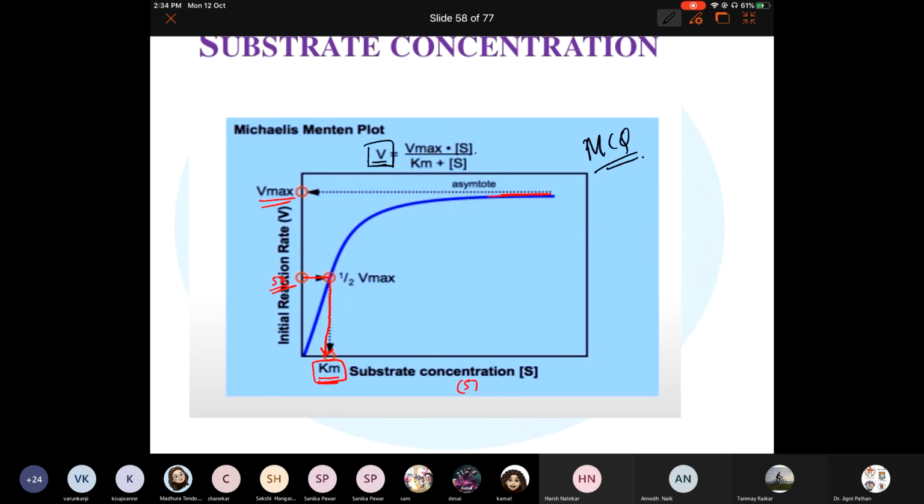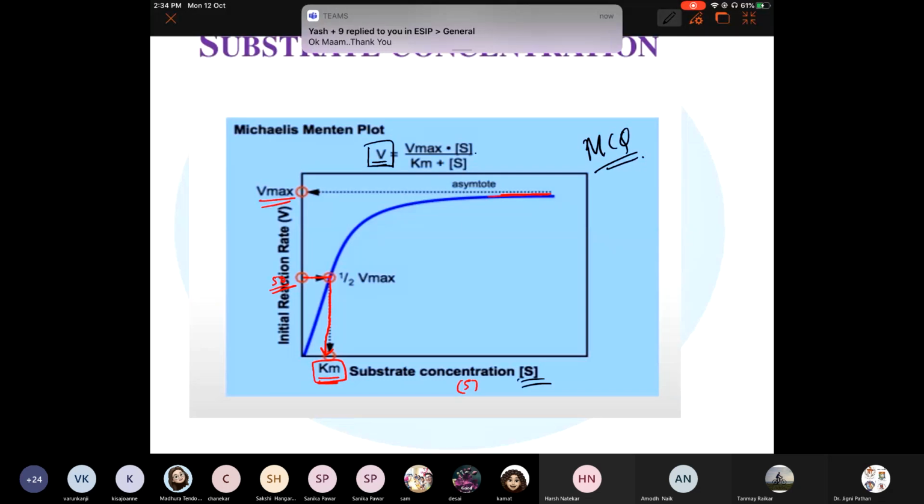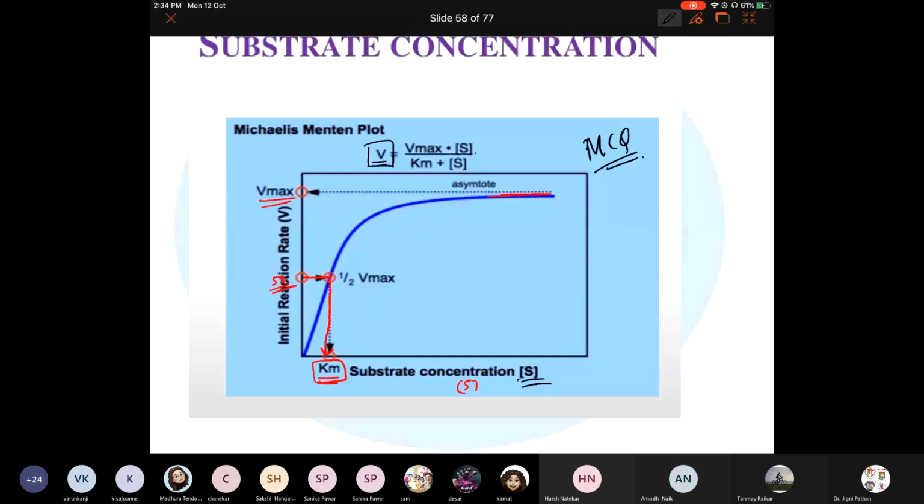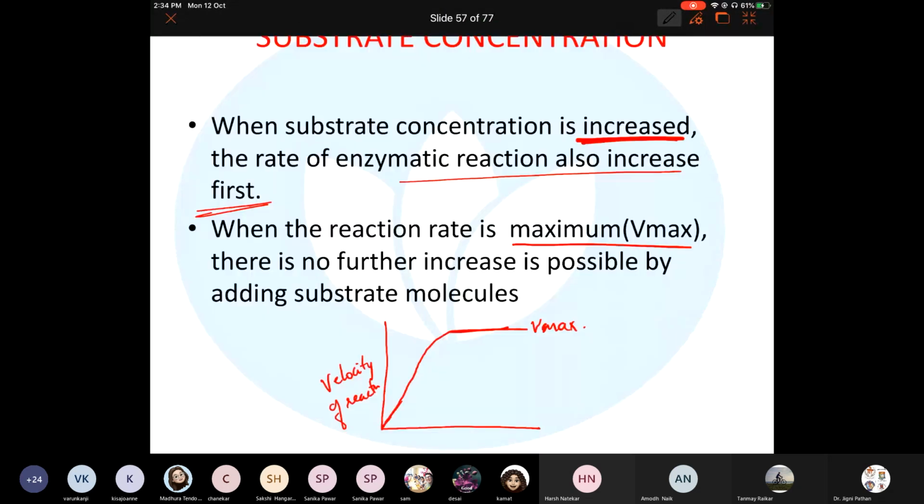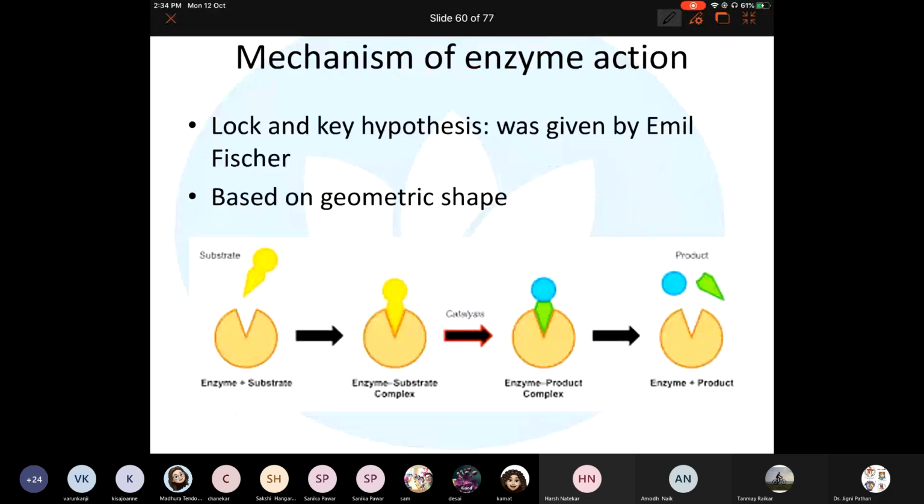Vmax is the maximum velocity, half Vmax is 50% of the maximum velocity, and Km is the substrate concentration at which velocity is half of Vmax. So any doubts to anyone before we move to the next? Please go through it quickly.